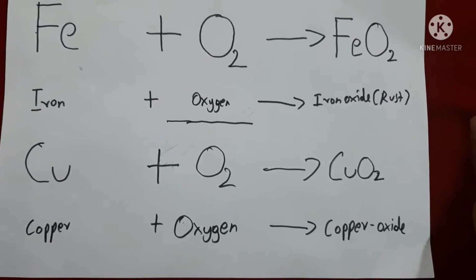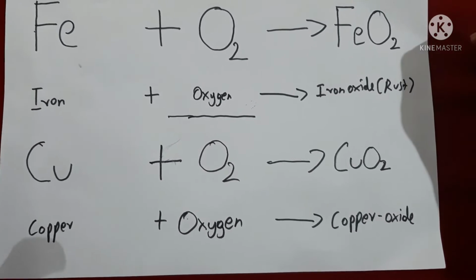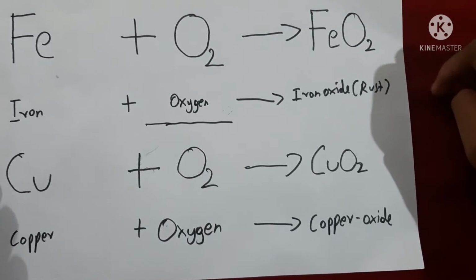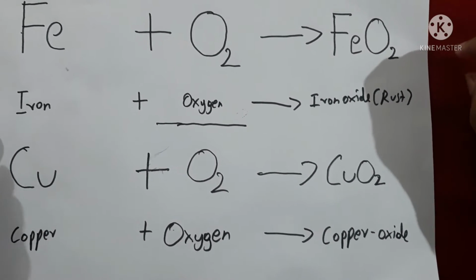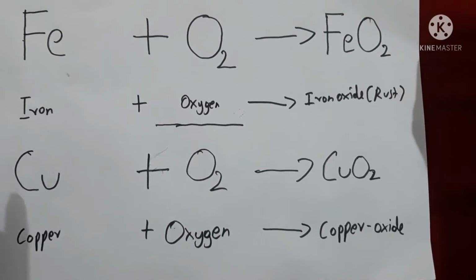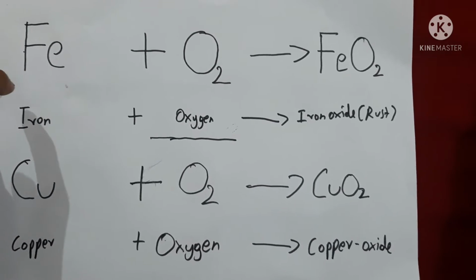We'll be explaining that in a bit more detail, and let's explain how it occurs. So how rust forms is, I've told you how it forms. Now let's take a chemical perspective, and look, let's take iron.